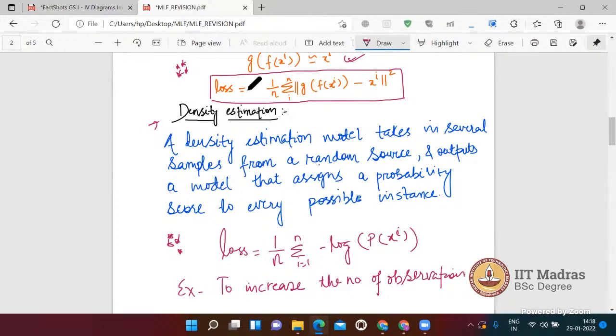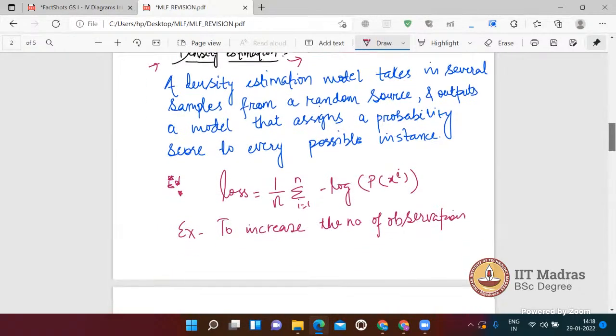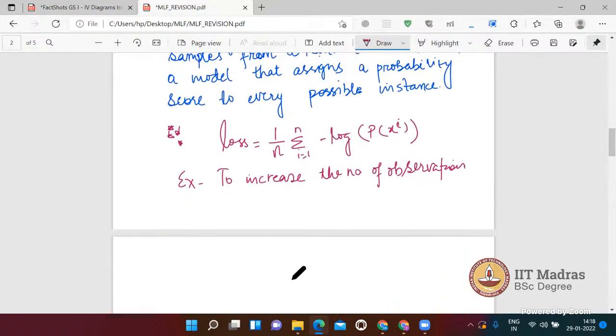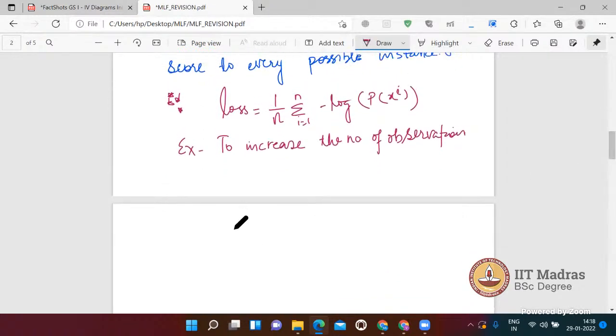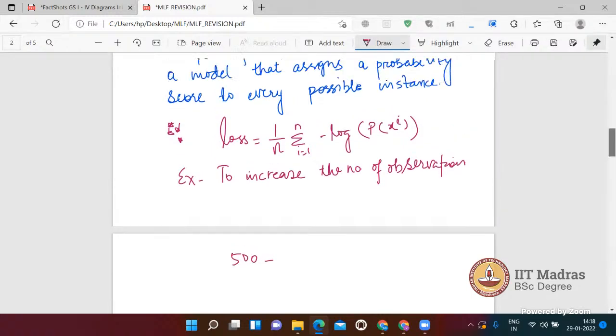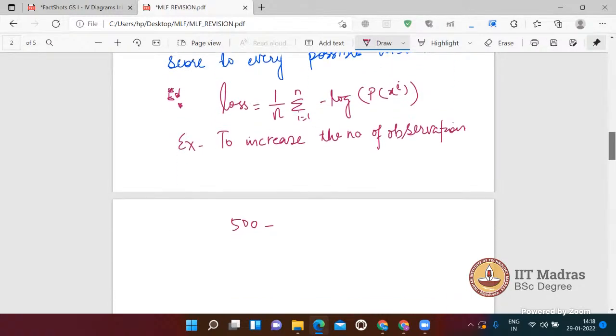For example, if you have 500 or 1000 MRIs and you have to predict whether a person has a disease like Alzheimer's, we can increase the number of observations with the help of a density estimation algorithm.